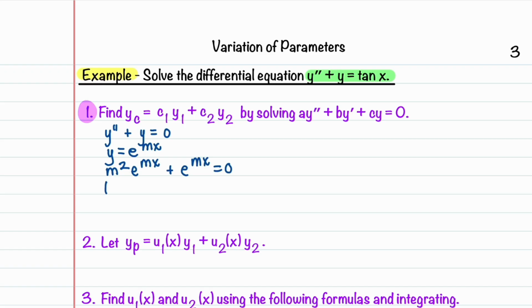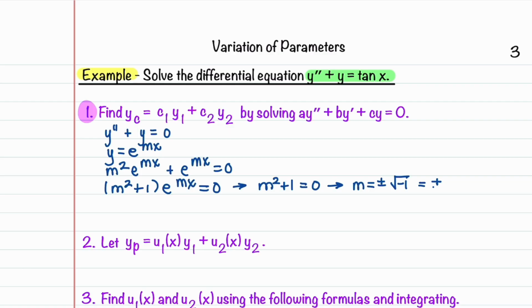We can factor out an e to the mx, so we just have m squared plus 1 times e to the mx is equal to 0. An exponential can never equal 0, so we end up with m squared plus 1 is equal to 0, and we can solve that for m. M is going to be plus or minus the square root of minus 1, so it is plus or minus i.